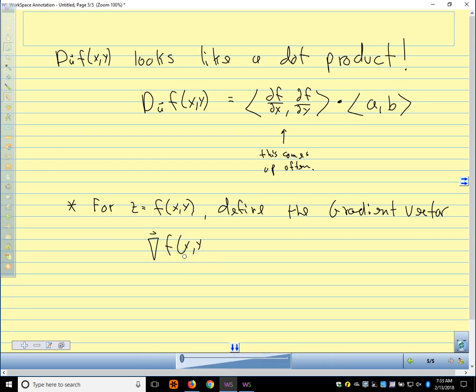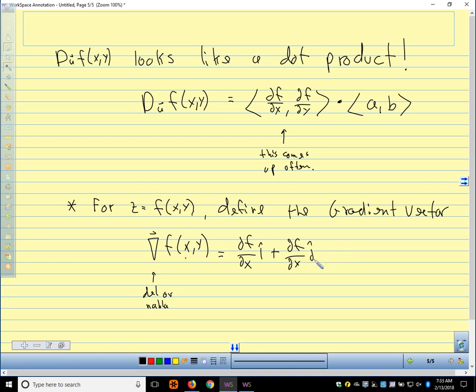So here's our second new symbol. This is a del, or the symbol is called nabla. We define that as the partial of f with respect to x, i hat, plus the partial of f with respect to y, j hat.